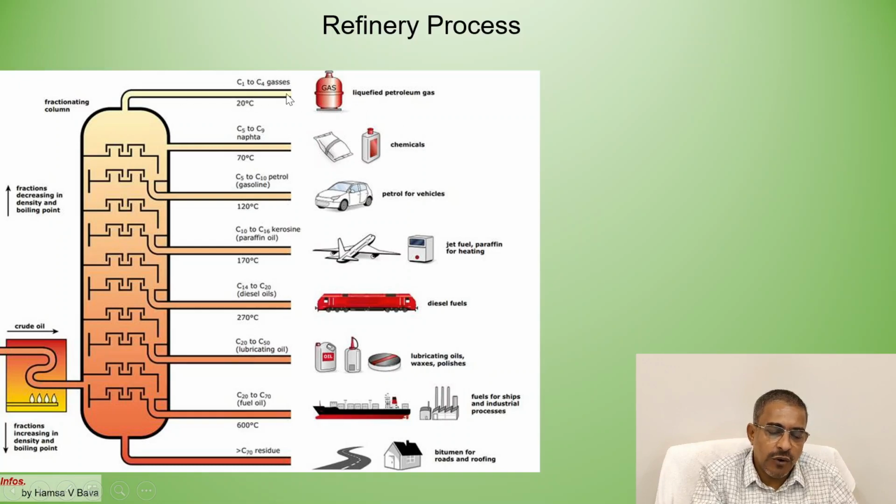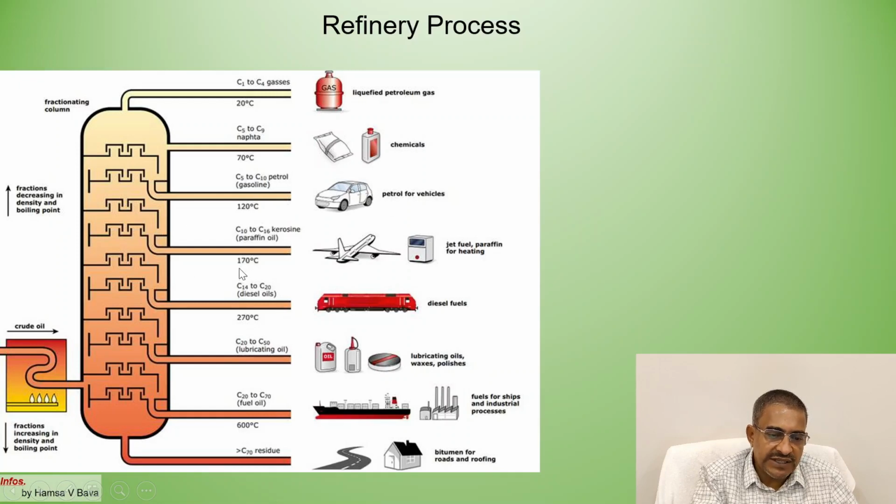So the lightest will go here. Then next is naphtha, C3 to C9, or C8 you can say. It will be used as chemicals and other applications. Then next is at 70 degrees C. Then at 120 degrees C is C5 to C10, petrol for the vehicle, gasoline you can say.